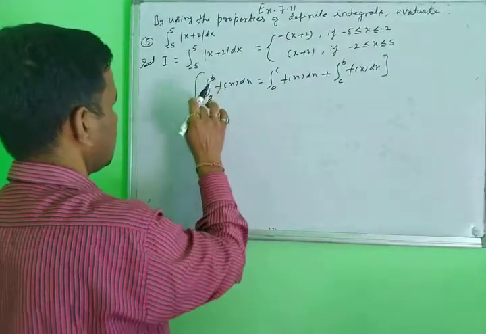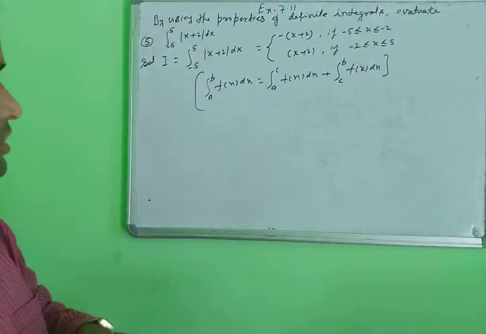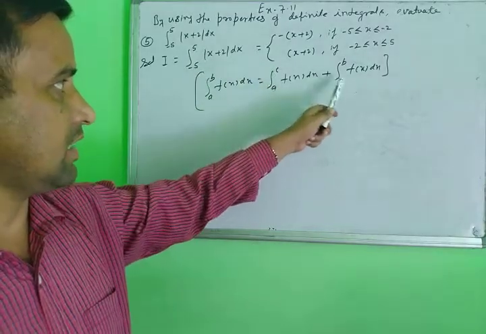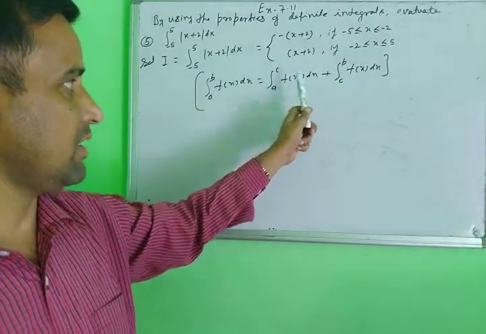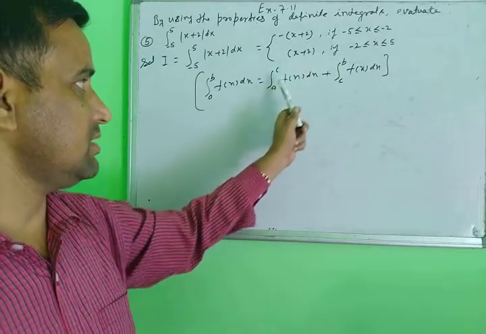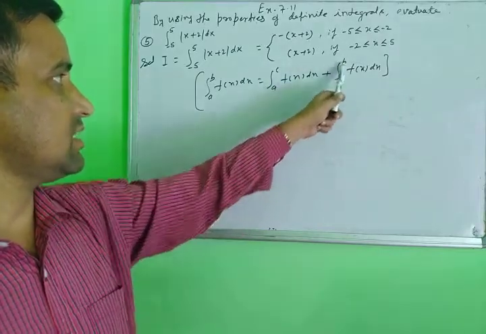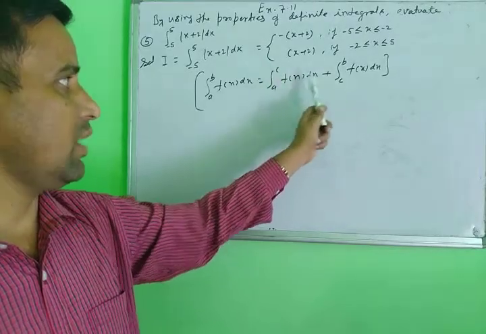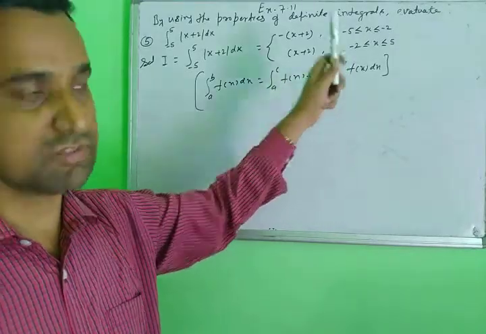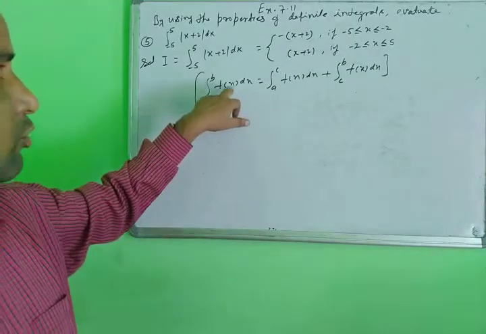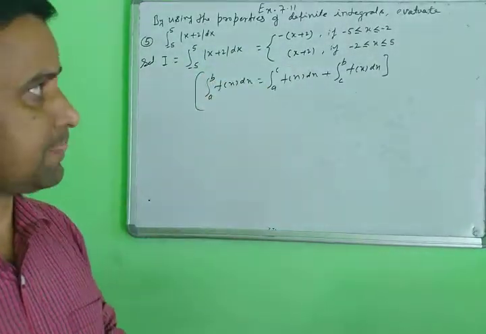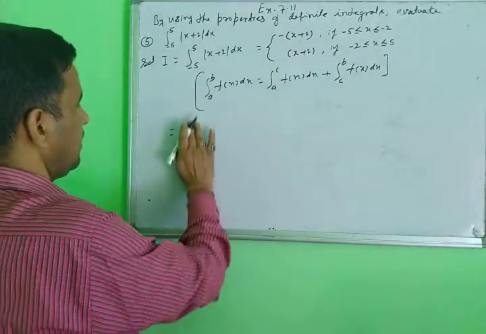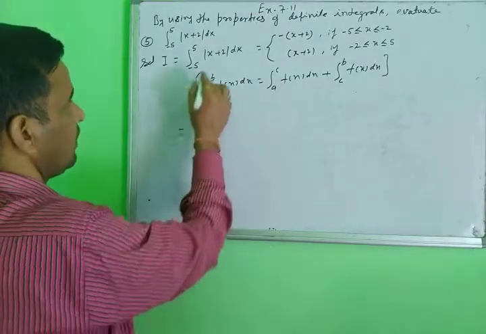Using this property, you break down the limit at C, with this as the upper limit and this as the lower limit. Here the limit is -2, and this is -5 and this is +5. According to this property, you will break down this question and solve it. Yes, now start the solution here. Now what is the value of this?